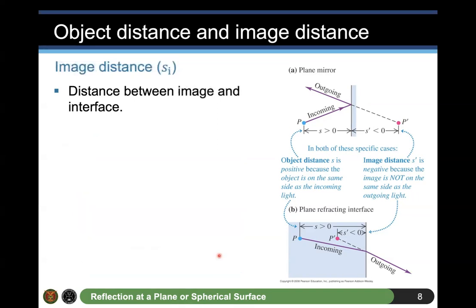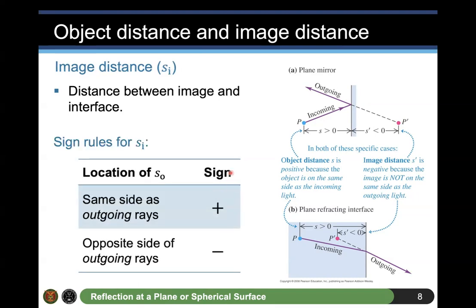Okay? For the image distance, it's about the outgoing side naman. The image distance is the distance between the image and the surface, and the sign rules are with respect to the outgoing rays. Which makes sense because you want the image to form on the outgoing plane.